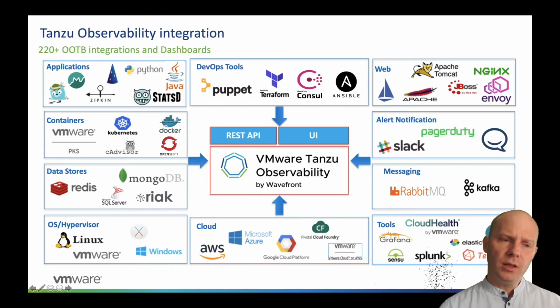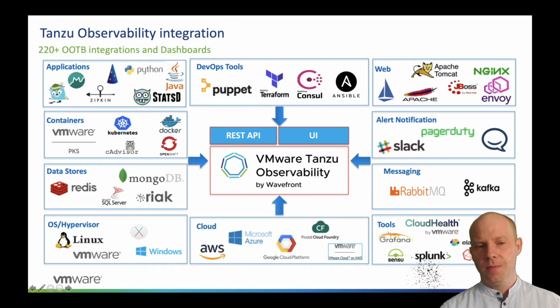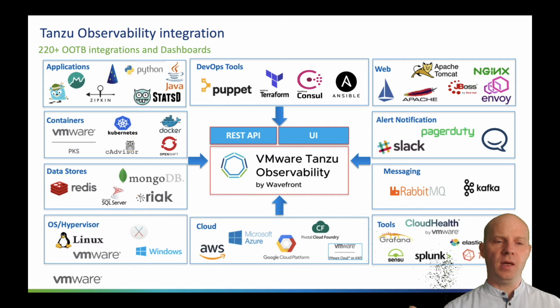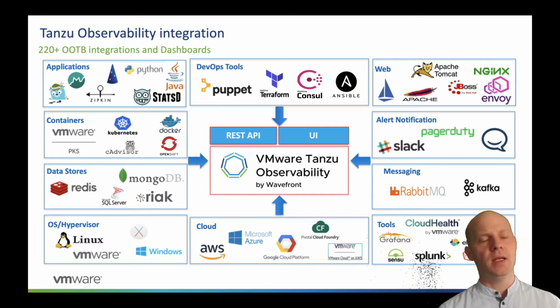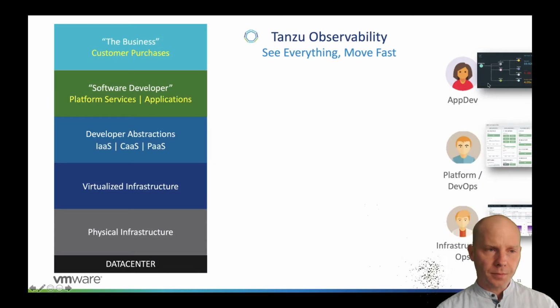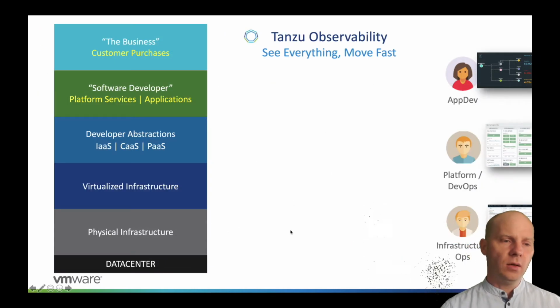Most of our integrations are built on a very lightweight agent that's called Telegraf, and this is used a lot to ingest data. But as I've said before, everything that has an API or a log file can be ingested into Tanzu Observability.